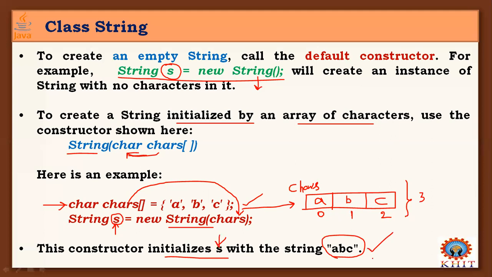Even this string object organizes the character sequence like an array. Same as the index of this string object: the first character is index 0, the second character index 1, and this is index 2. Got it?